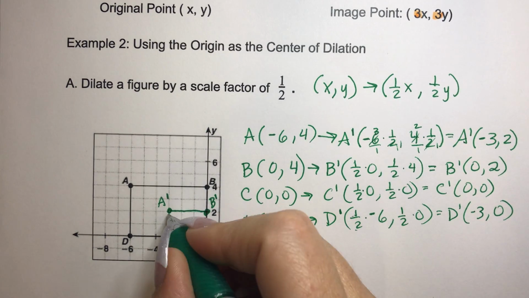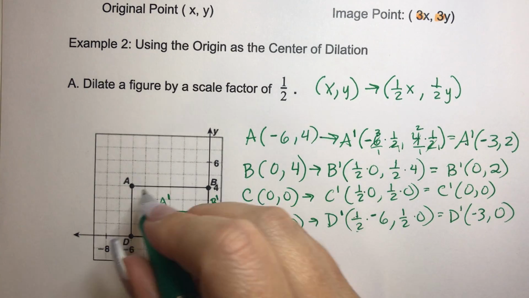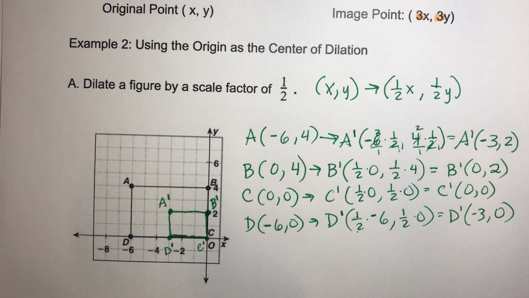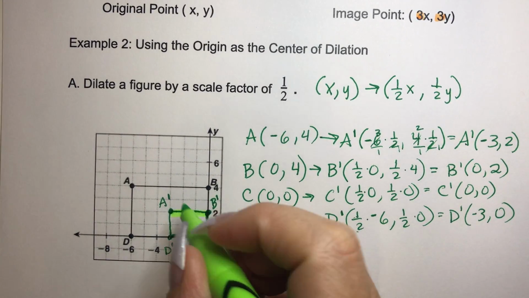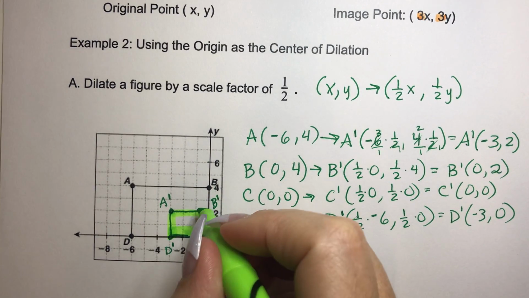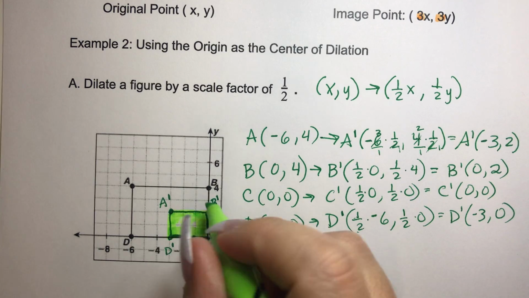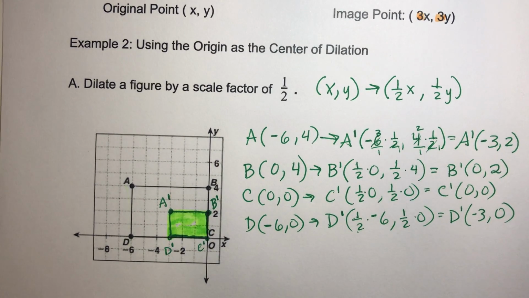And here is our figure. This is a dilation. It is 1/2 as big as the original. I'm going to just use my green highlighter to accentuate this. I just feel like highlighters do such a wonderful job of accentuating. So this is 1/2 as big. It has a scale factor of 1/2 on the coordinates here. So that is a dilation with a scale factor 1/2.